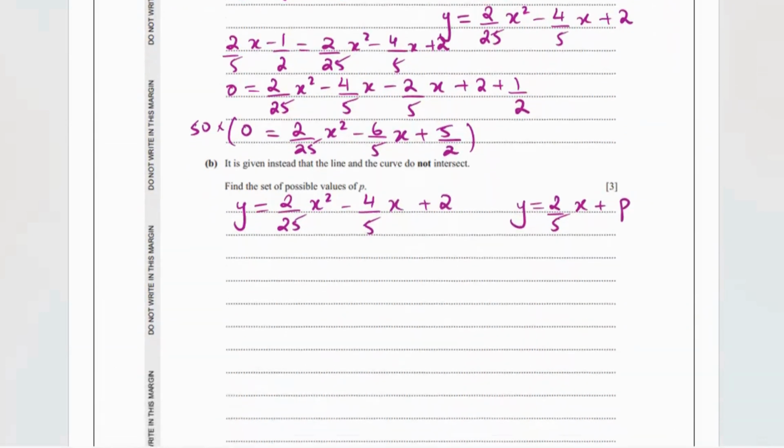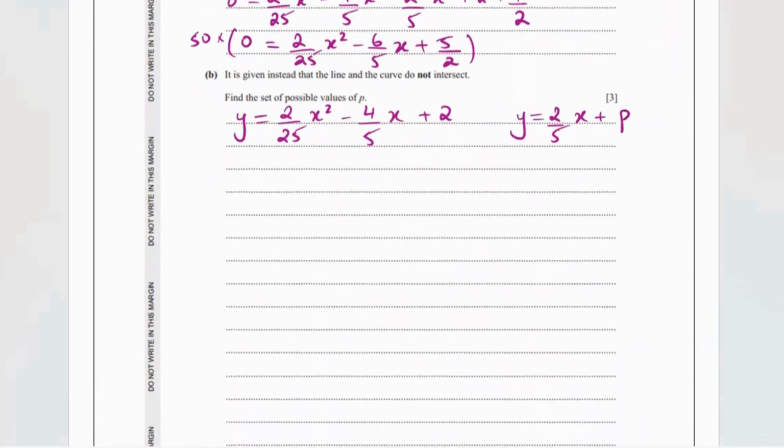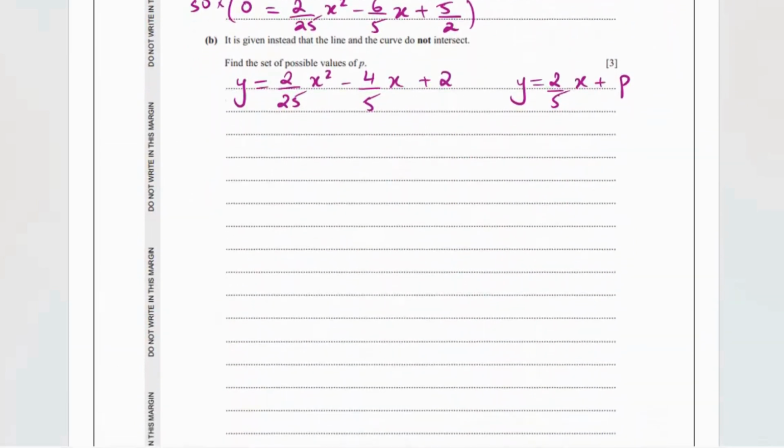So since they're not intersecting, that means the discriminant is going to be less than 0. So let's use this information to find the values of p. Let's put both of them equal to each other first.